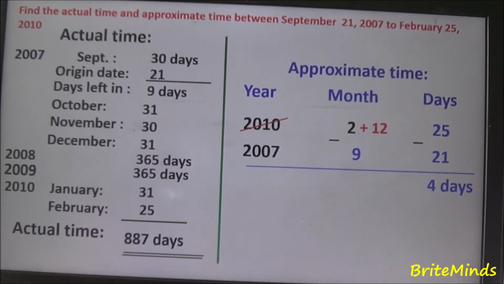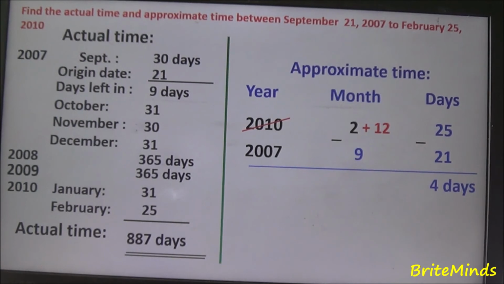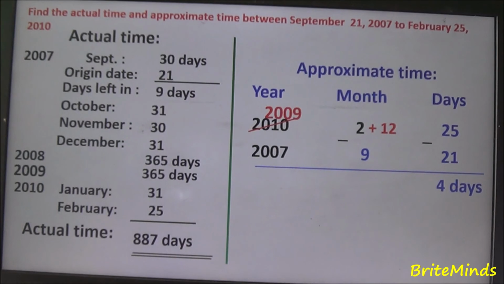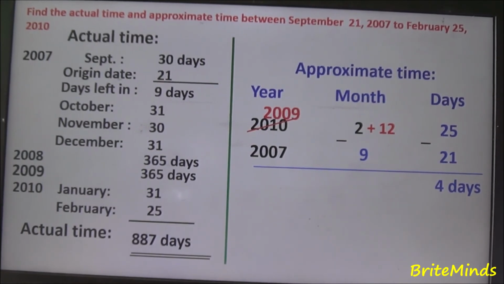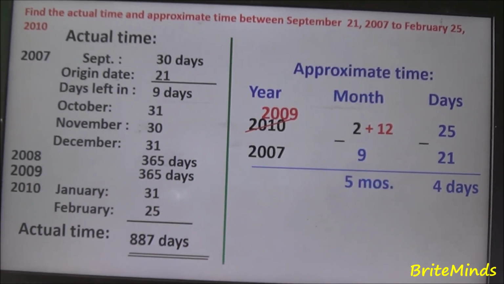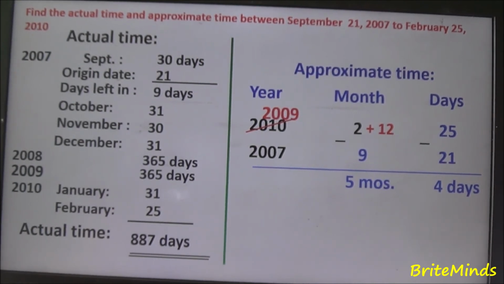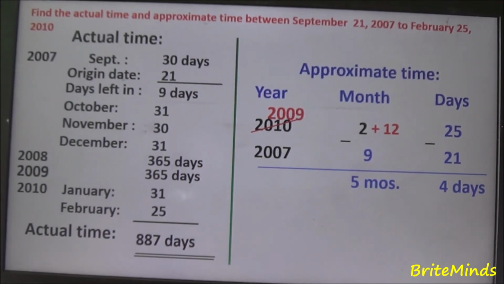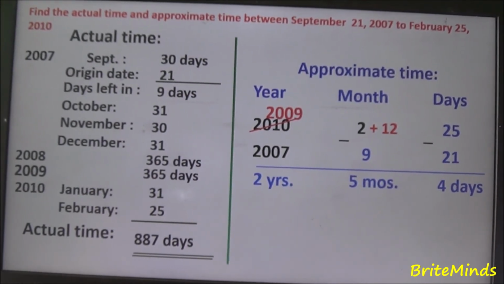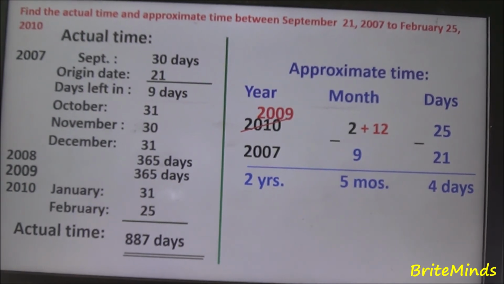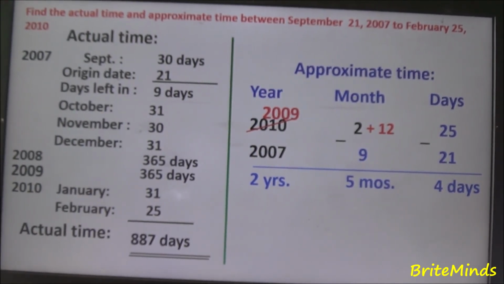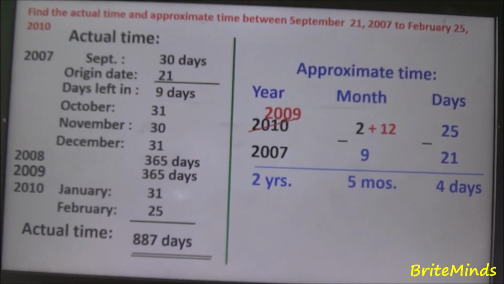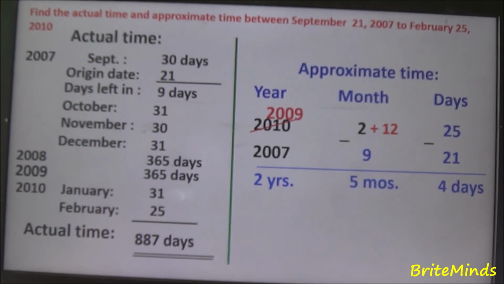And then the 2010, we make it as 2009. So we go back to the month. 14 minus 9 will be 5 months. And then 2009 less 2007, so there will be 2 years. So the approximate time between September 21, 2007 to February 25, 2010 is 2 years, 5 months, and 4 days.